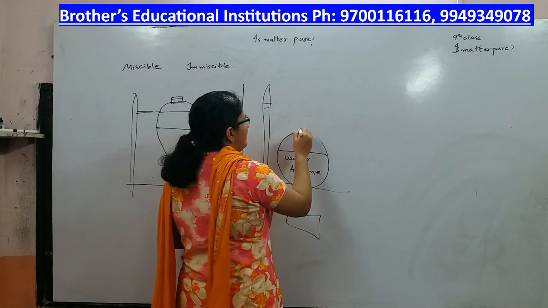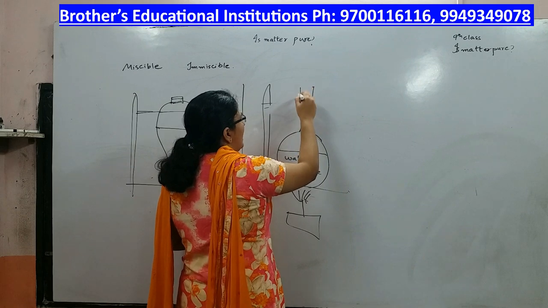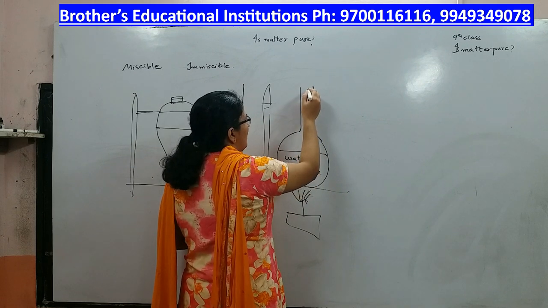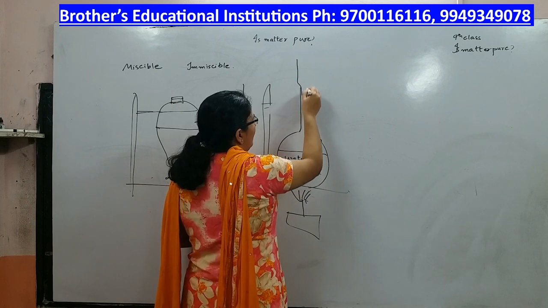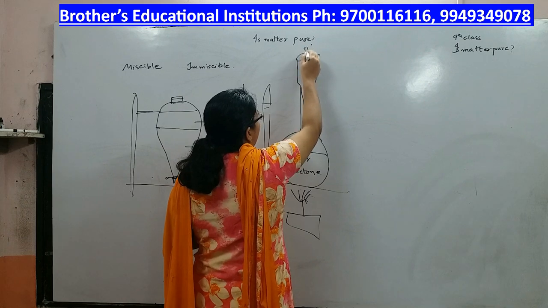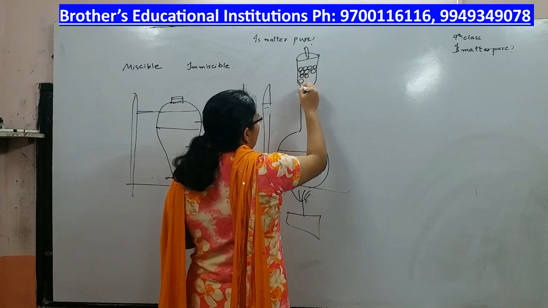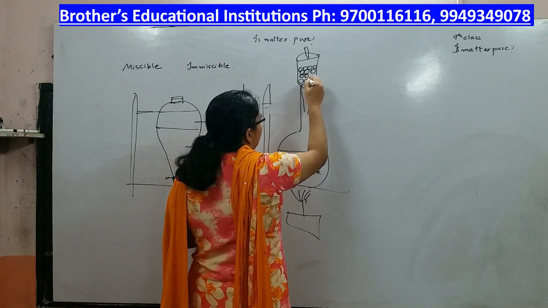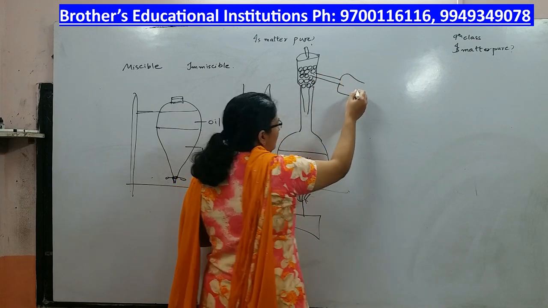Let us say this is the fractionating flask, the distillation flask. Then we keep a fractionating column here. We take glass beads in it. And we connect this part to a condenser.